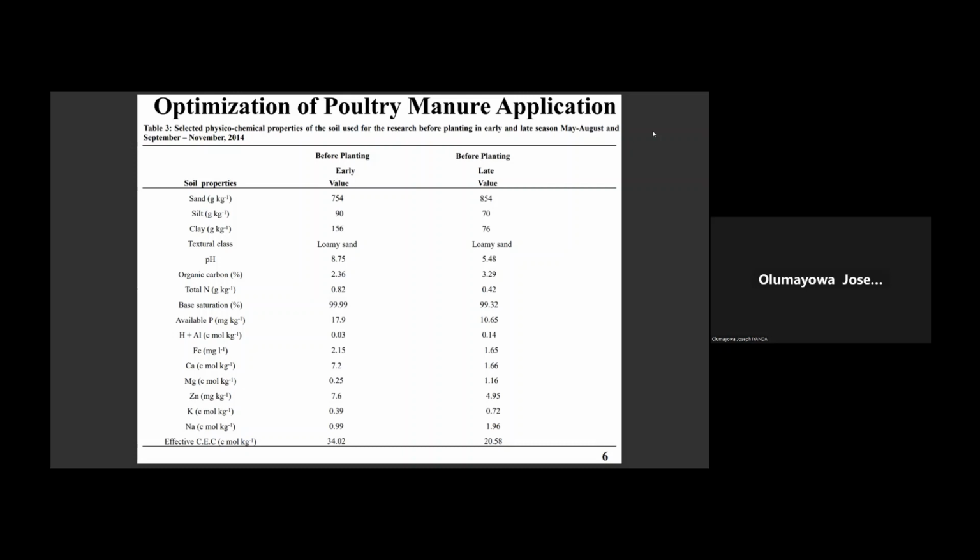However, the nitrogen values for this soil were 0.82 and 0.42 respectively in both seasons, which is a critical level for nitrogen, making it a marginal soil for this nutrient management experiment.